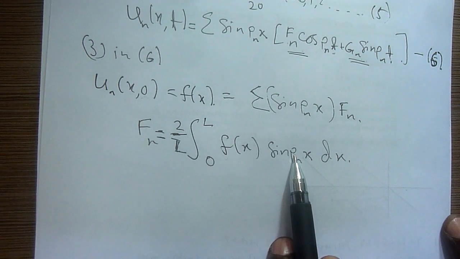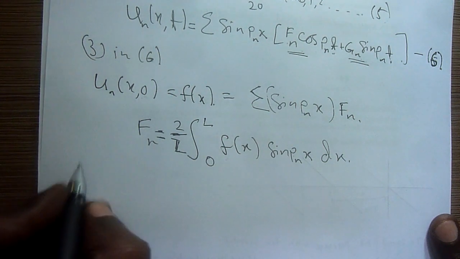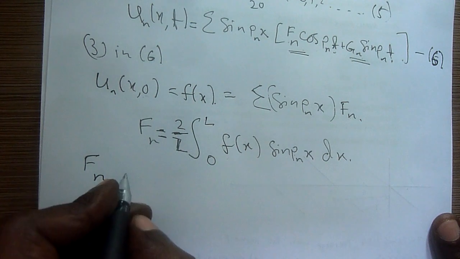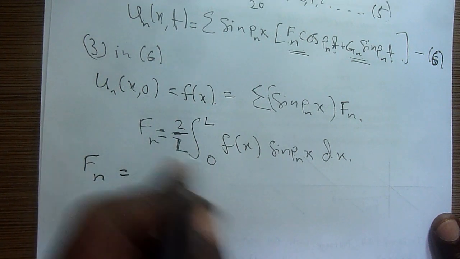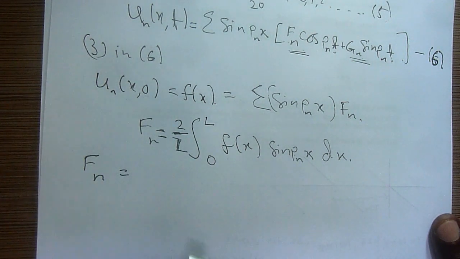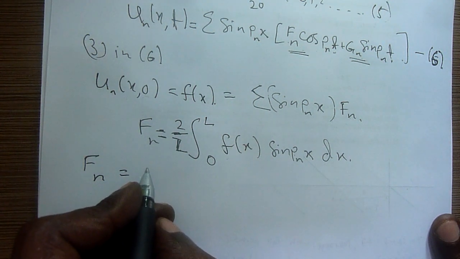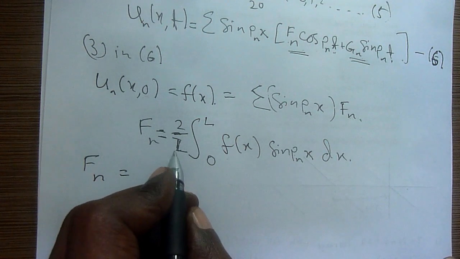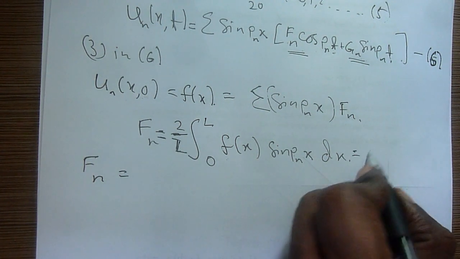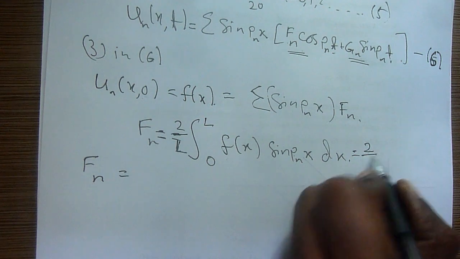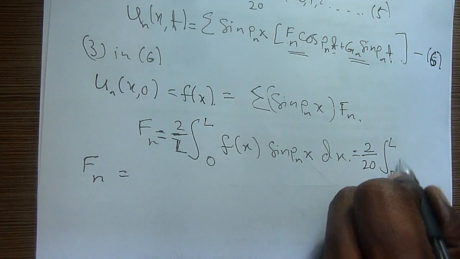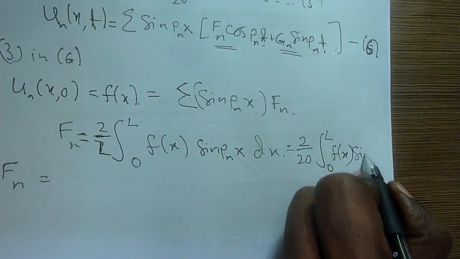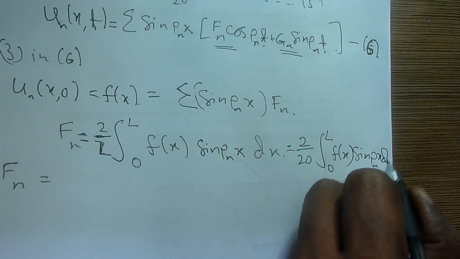Let me start the work step by step. fn equals 2 over L, L is 20, so 2 over 20, integral from 0 to 20, fx sine pnx dx.